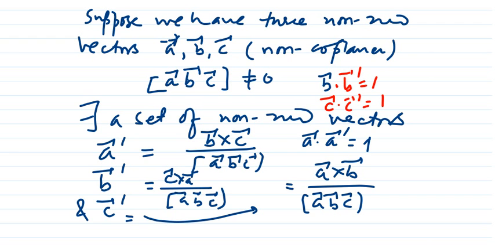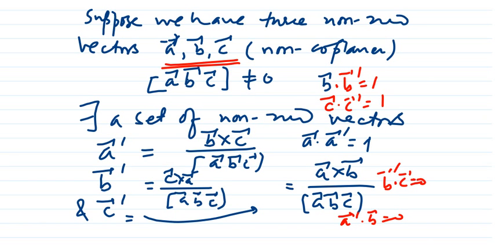But if you take the dot product of a vector from the set of reciprocal vectors with a different vector from the basic set, for example the dot product of A dash with B, this will be 0. Similarly, if you take B dash with C, this will be 0.